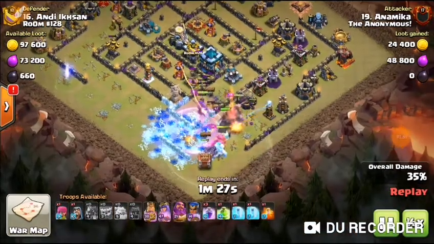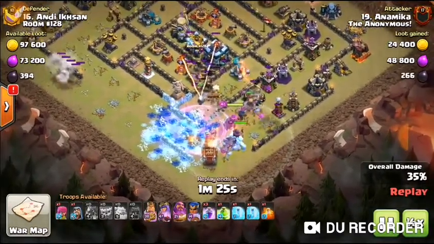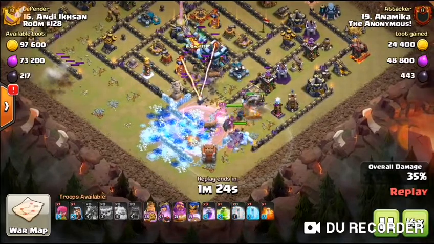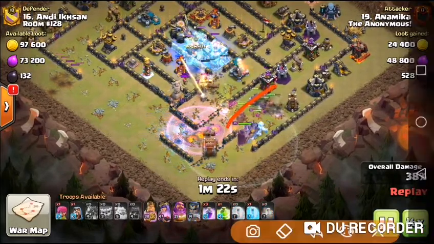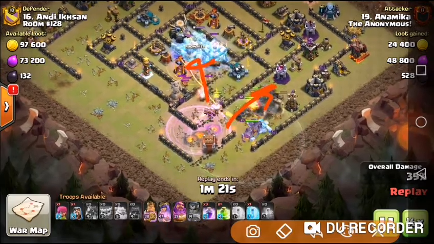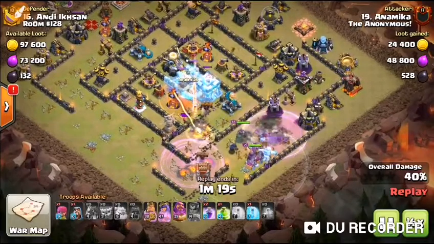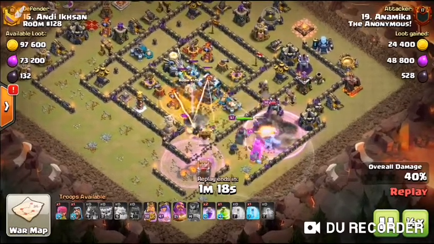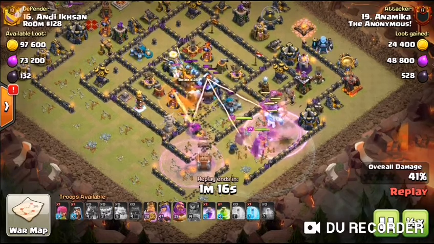See, guys, he has deployed one rage spell, but most of the armies are not within the range and are moving here and there. Some army has moved this side, some are going this side. He used another rage spell here.